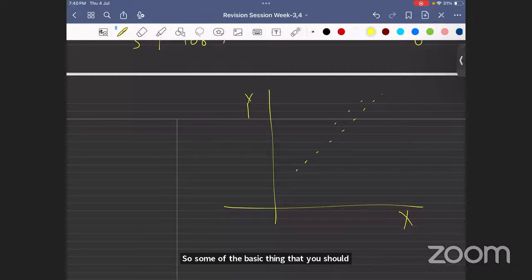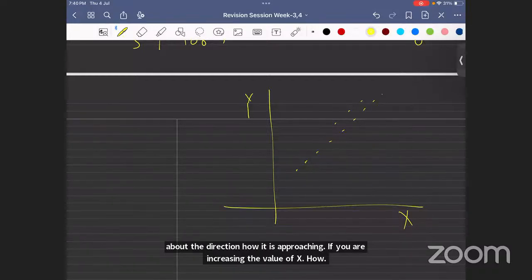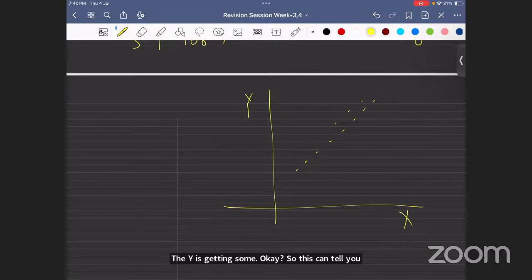If you are plotting your two numerical variables on the scatter plot, you can get an idea about the direction: if you increase the value of x, how y is changing. Whether the pattern is going upward or downward, you can get that idea from the scatter plot. So the first thing you can get an idea about is the direction.